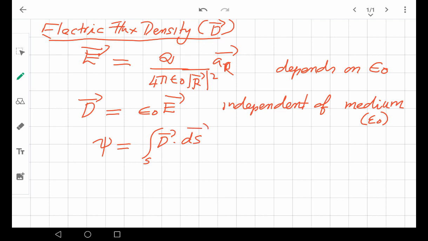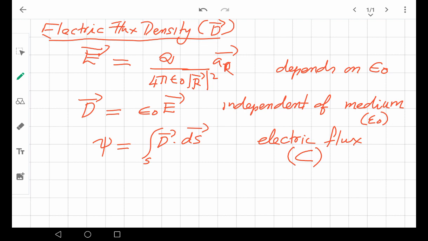This is the electric flux, and it has the units of coulombs. So you can say that 1 coulomb of electric flux, or 1 line of electric flux, is from plus 1 coulomb.